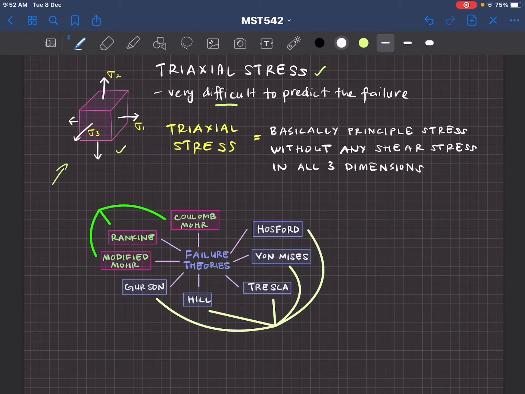If you see the figure here, we have different failure theories. We have methods such as Hosford, von Mises, Tresca, Hill, and Gerson. These five methods we can apply for a ductile material.